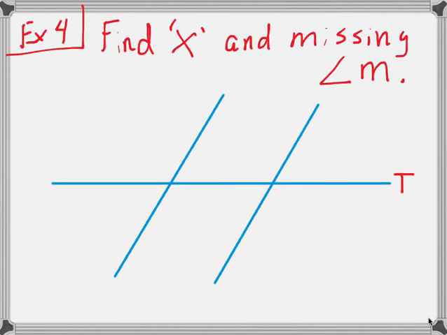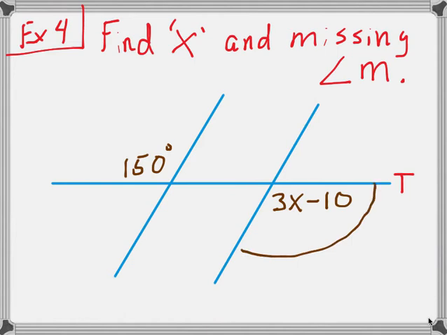Now this last example is going to be a little bit better. All right? I'm going to put this angle measure as 150 degrees. And let's put this one as 3x minus 10. I want to figure out the angle measure of this.